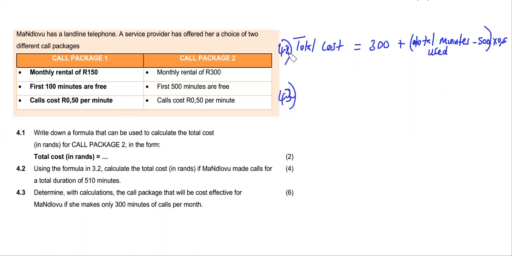Now let's look at the second question, 4.1. What is the question here? Use the formula in 3.2 to calculate the total cost in rands if Mandov made calls for a total duration of 510 minutes.